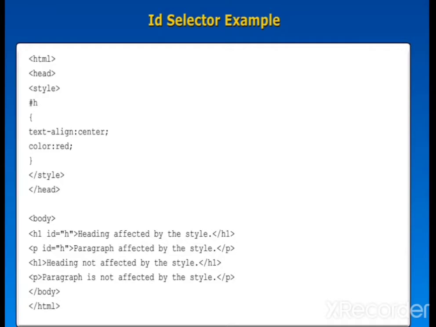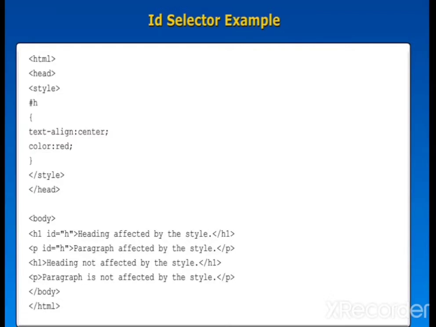Let us see the example for the id selector. Here h is the id and it is followed with the hash symbol. Hash h means h is the id. In this id, text align is center, color is red. See how this id selector is used in our body tag. Here we are using h1 tag and p tag in our body.